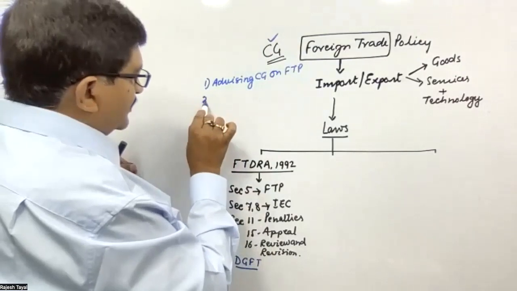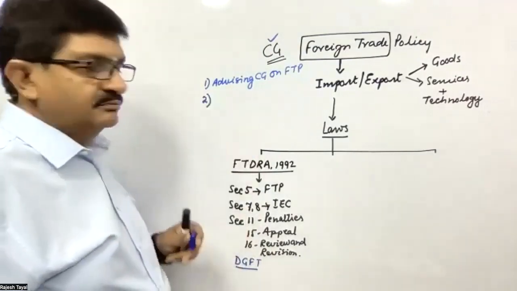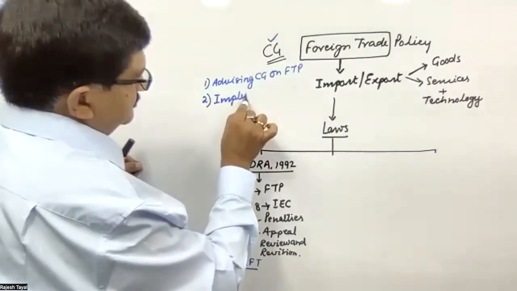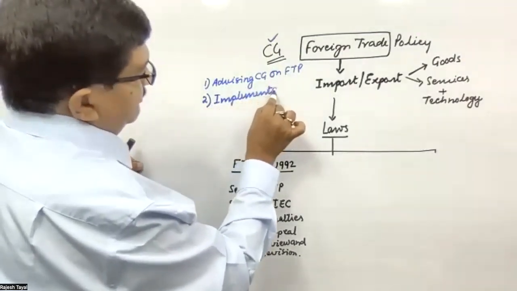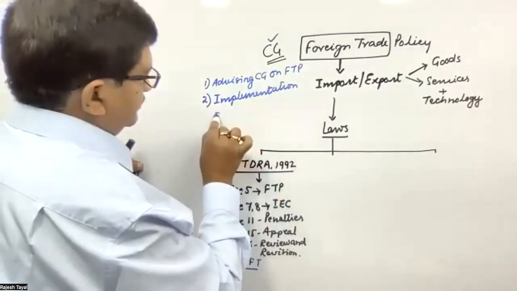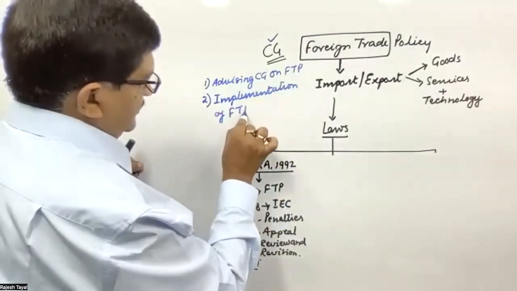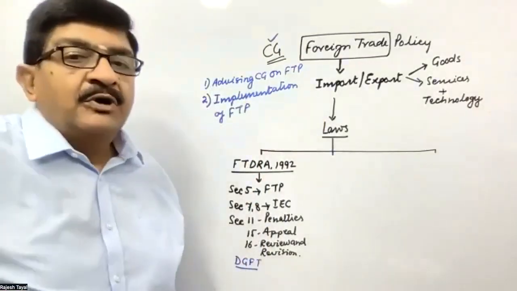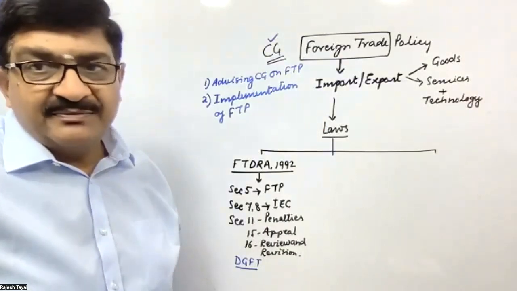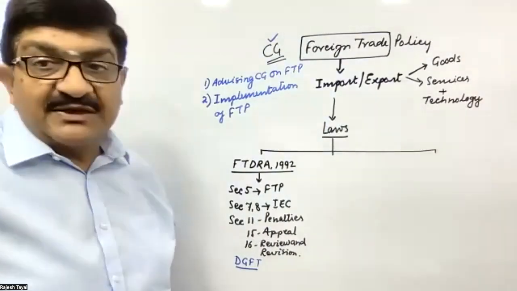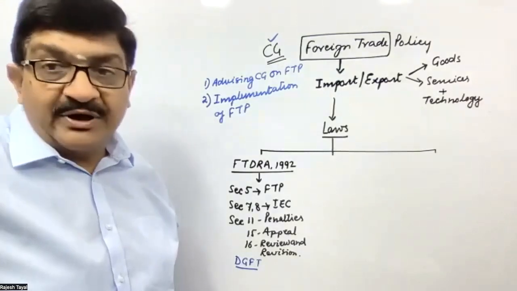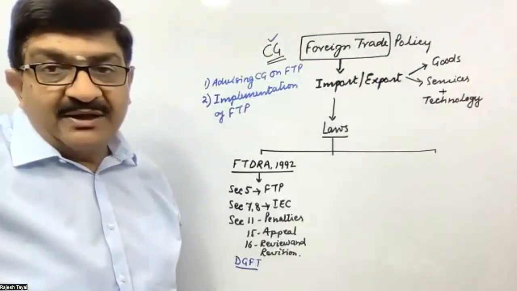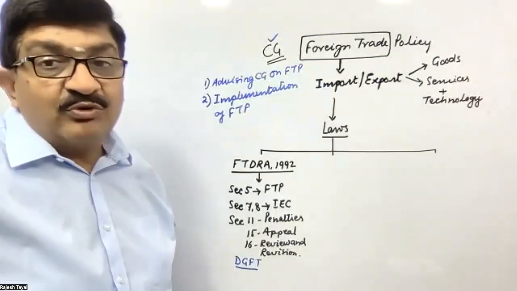Number 2, implementation of foreign trade policy. Main role of the DGFT: number 1, advising the central government on framing or making of the foreign trade policy. And number 2, implementation of the foreign trade policy. That is the role of DGFT.